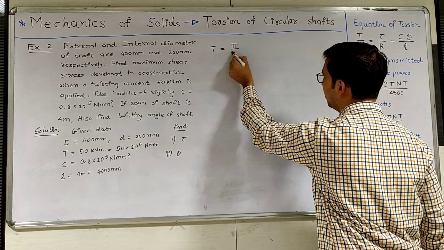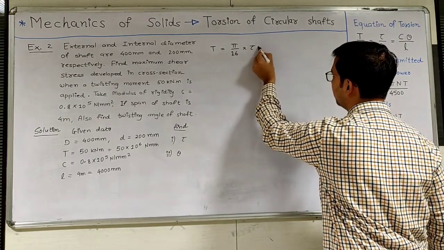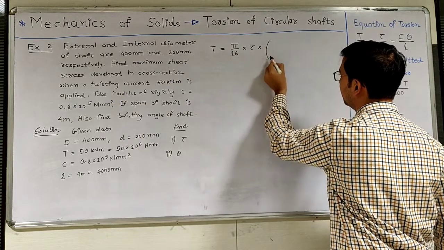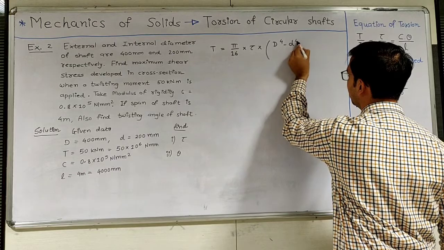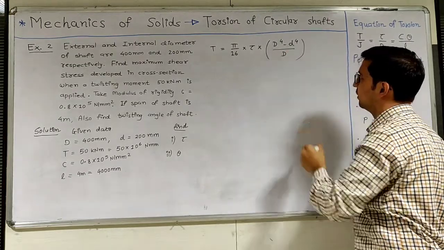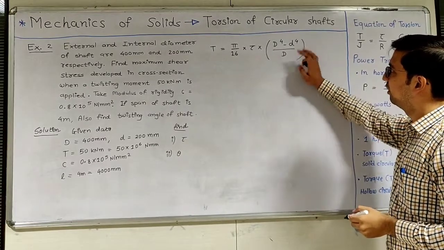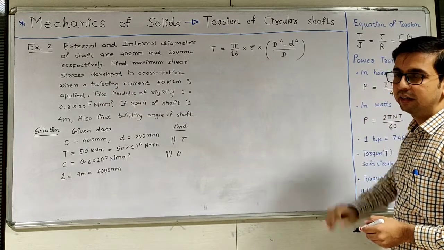Capital T equal to pi by 16 into tau into capital D raised to 4 minus small d raised to 4 divided by capital D, bracket close.